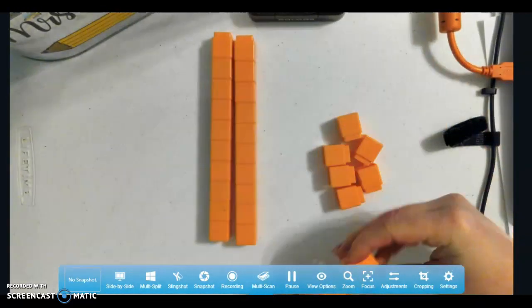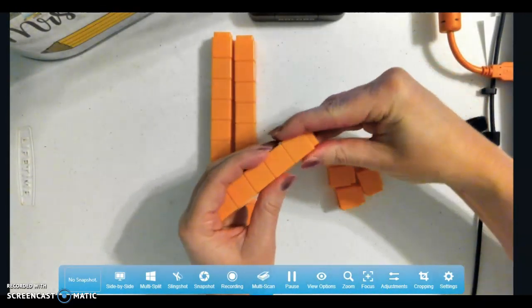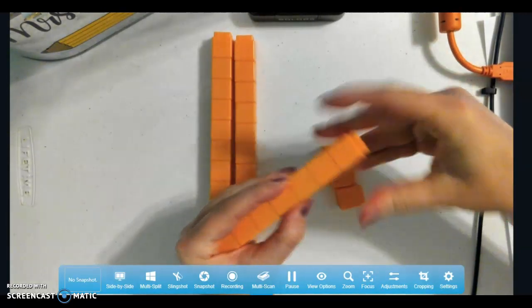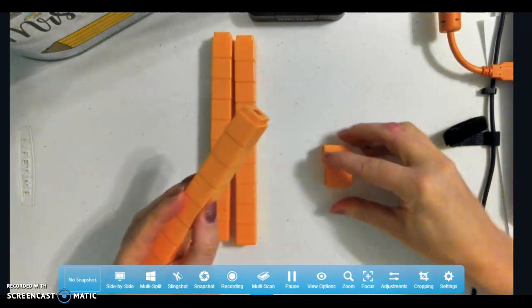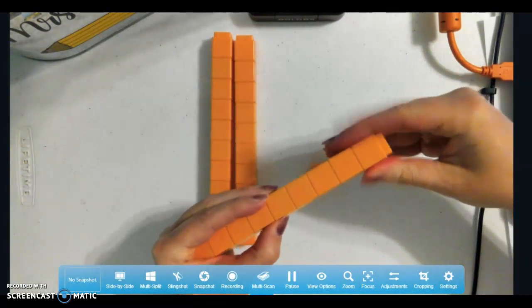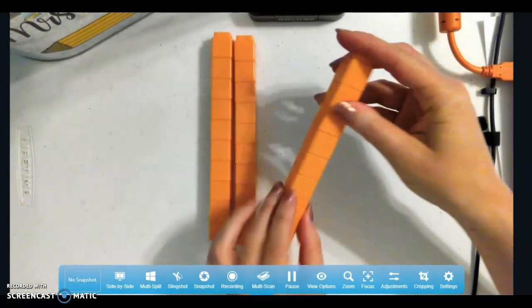1, 2, 3, 4, 5, 6, 7, 8, 9. Oh, look at the pink on my hands. 9, 10. So funny.